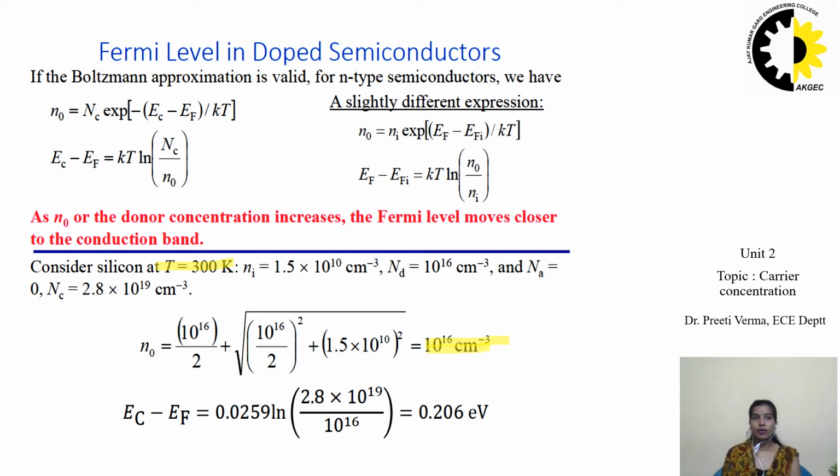So from here we can calculate Ec - Ef, that is the difference between the conduction band energy level and the Fermi energy level, as 0.0259 ln(2.8 × 10^19 / 10^16), and the value comes out to be 0.206 electron volts.